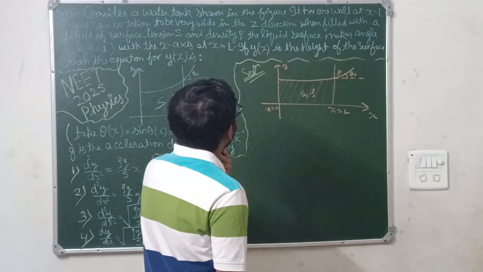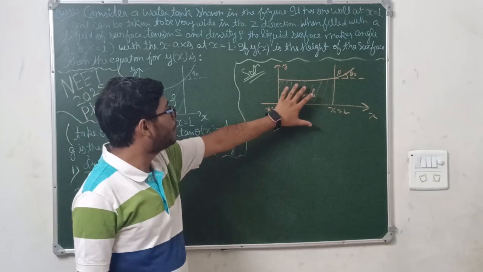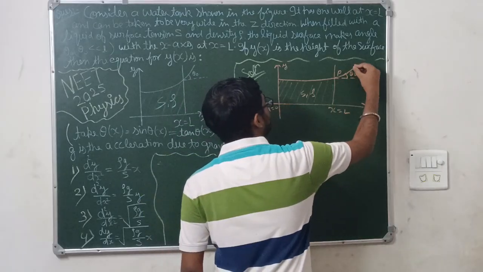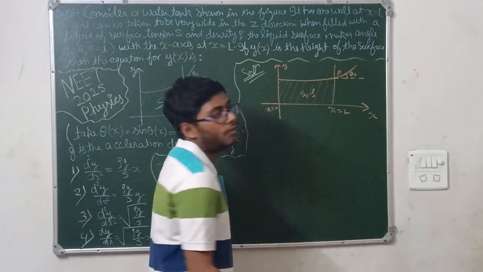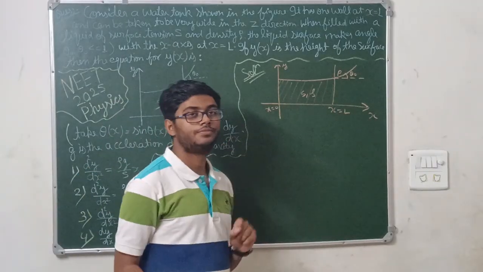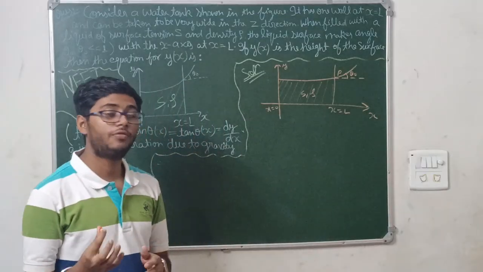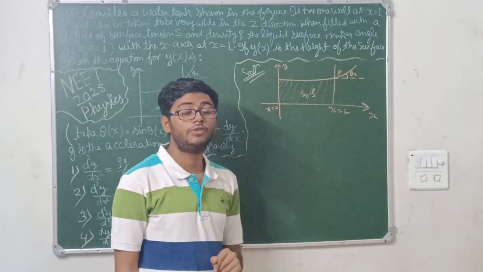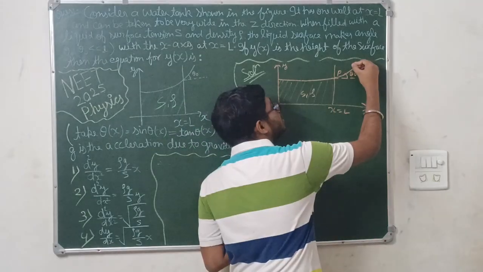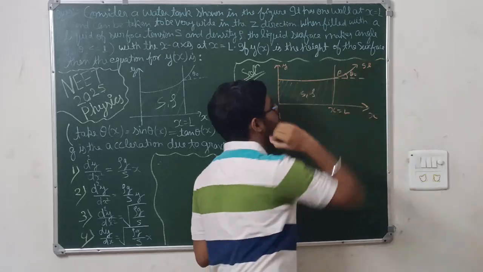First of all, this is a non-uniform mass distribution liquid, so we would first find how much force the liquid is exerting at point P. The surface tension is S, and the liquid is filled till x is equal to L. So the force that the liquid would be exerting is S multiplied by the total length of the liquid, L, that is S into L.